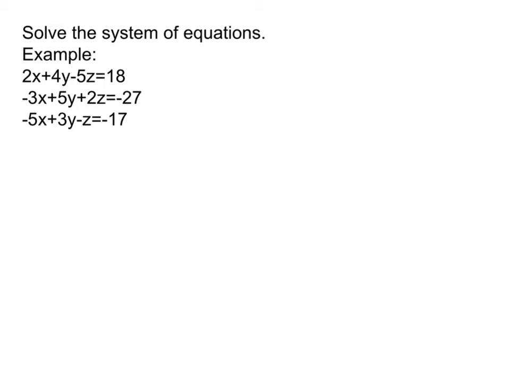So let's see. If I take the first equation, if I'm trying to eliminate, let's say you guys don't like the letter z because it's new to you, so let's eliminate the z's. If I multiply this equation times 2, this equation times 5, I will get my z's to cancel, so that would give me 4x plus 8y minus 10z equals 36.